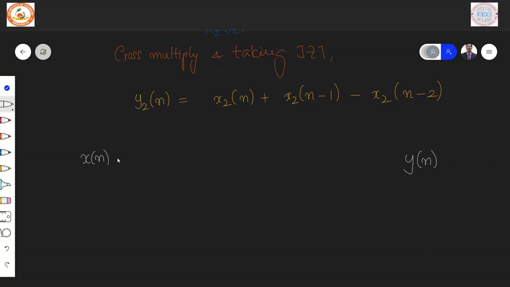There, the input x(n) for the first stage is called x1(n). We can write the structure for that in direct form. So this will be the direct form realization.